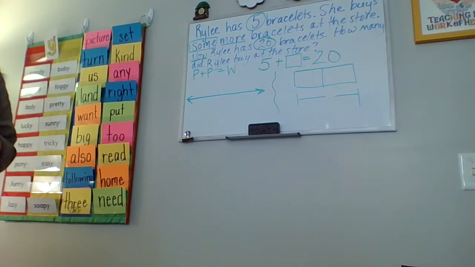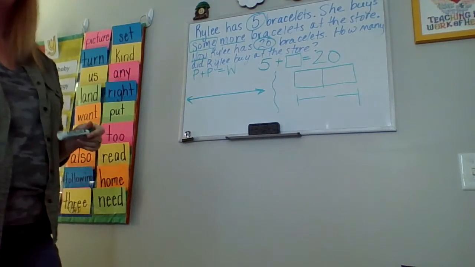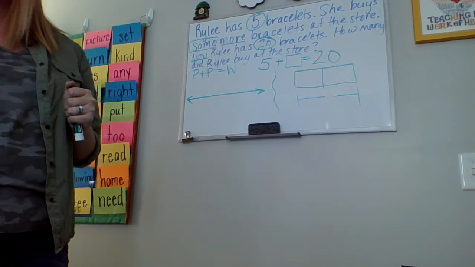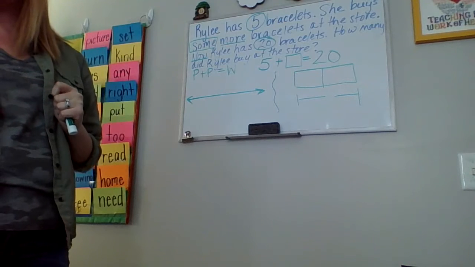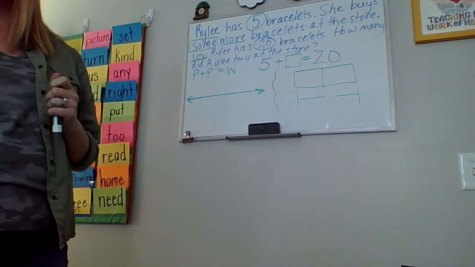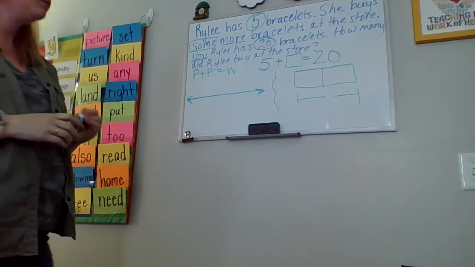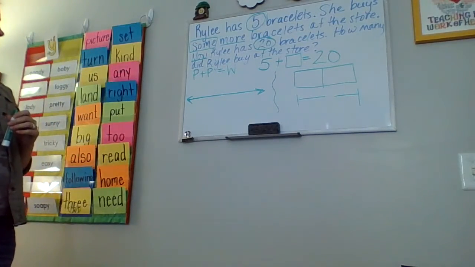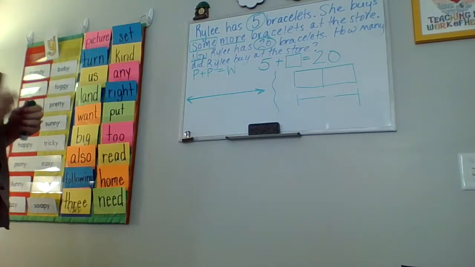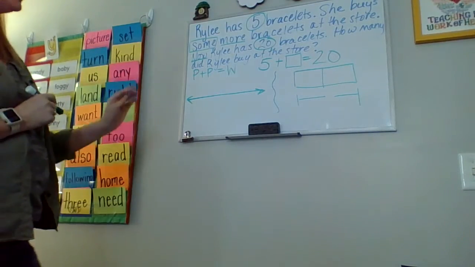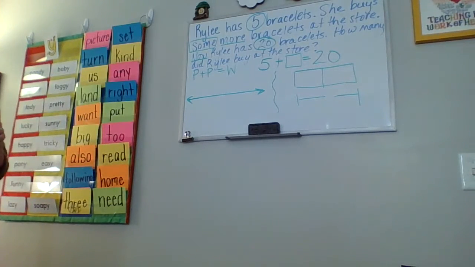Okay? And then when you finish, I'm going to do a show me your work, and then we'll pop our answers into the chat bar. So, Riley had 5 bracelets. She buys some more at the store. Now she has 20. How many did she buy at the store?